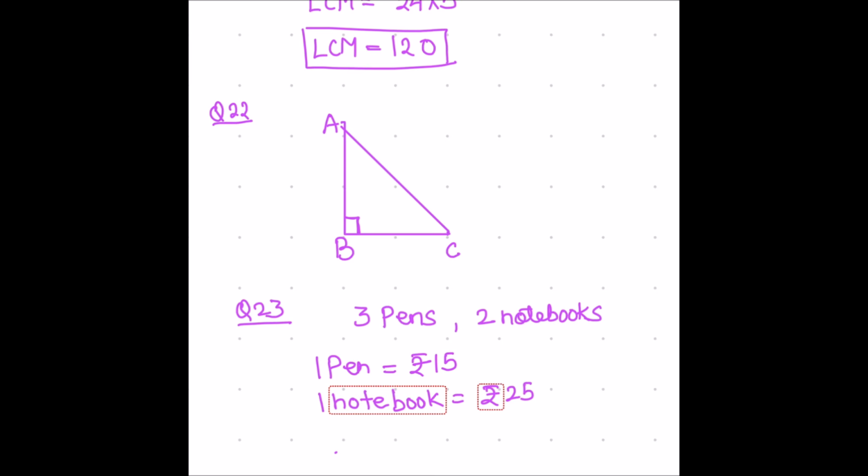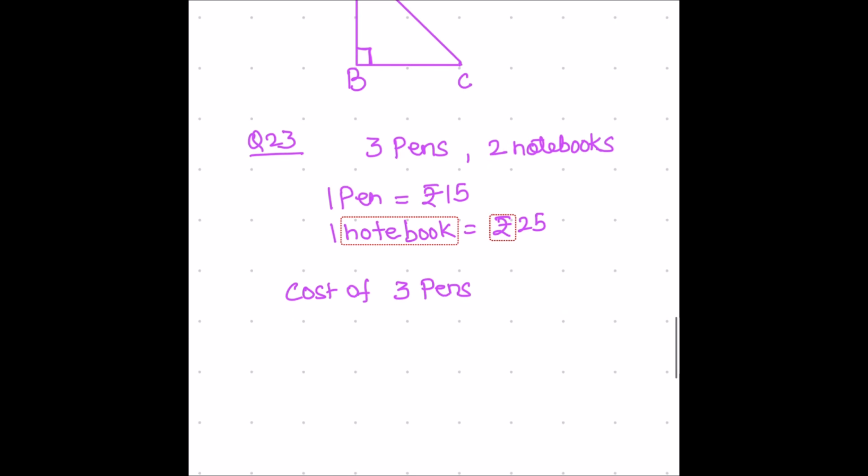As cost of one pen is 15, 3 pens will be, so cost of 3 pens will be equal to 3 times rupees 15, which equals 15 times 3 is 45 rupees.